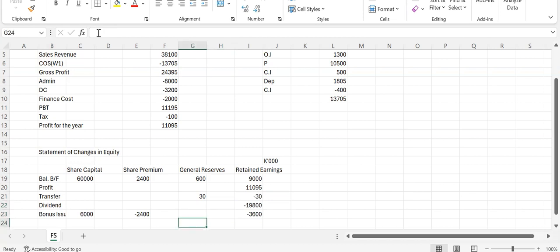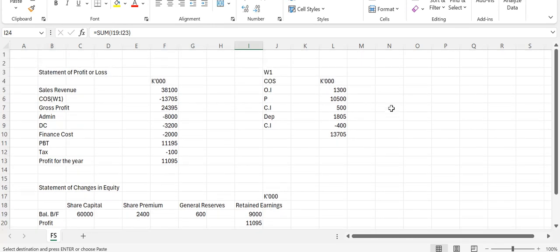So once we have put all the figures, now we get the balance carried forward, which means the closing balances. All right, so this is 66,000, and this is 0, this is 630, and this is minus 3,335.